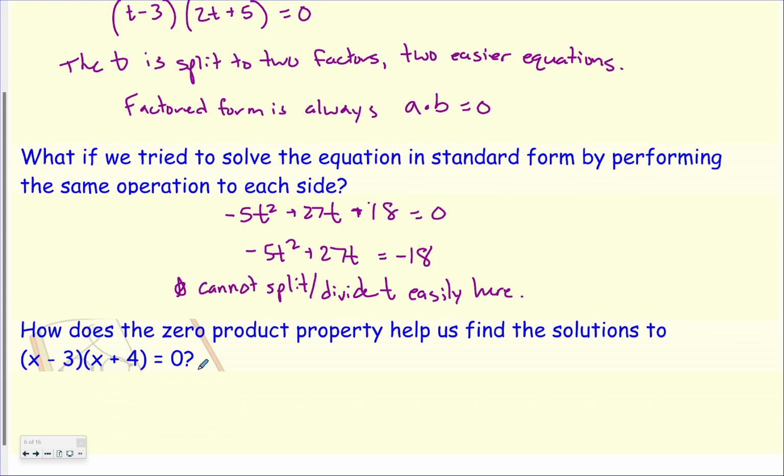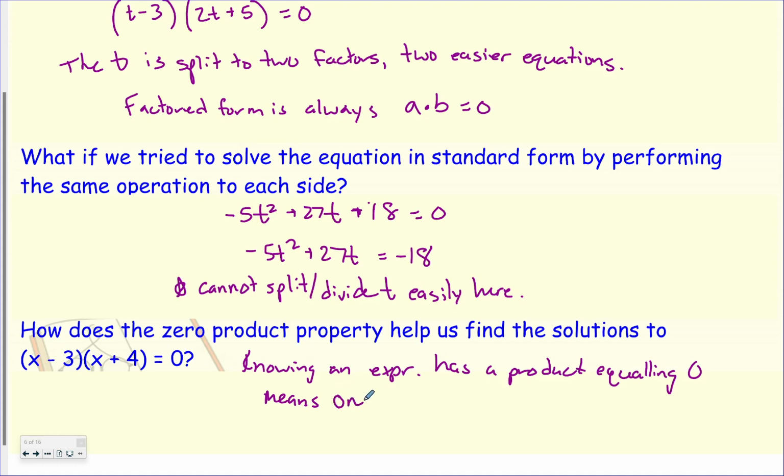Okay, how does the zero product property help us to find solutions? So basically, knowing an expression has a product equaling 0 means one piece equals 0.